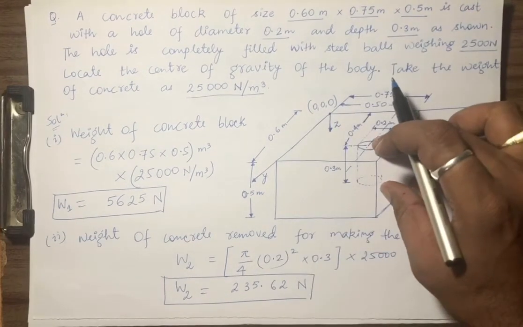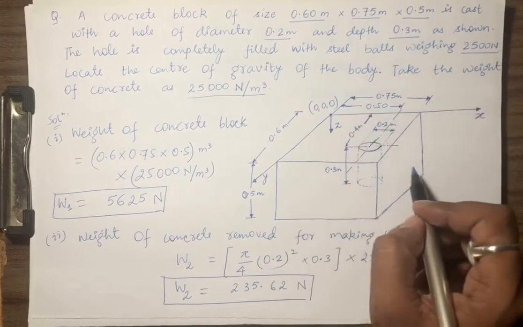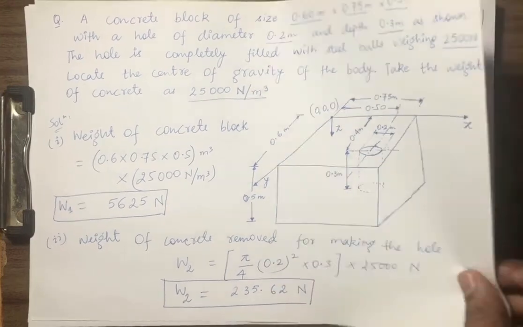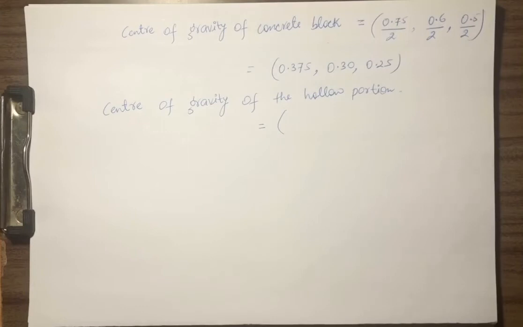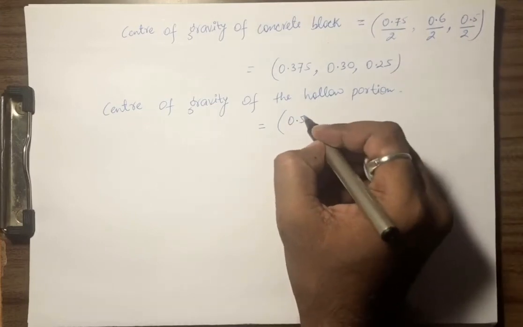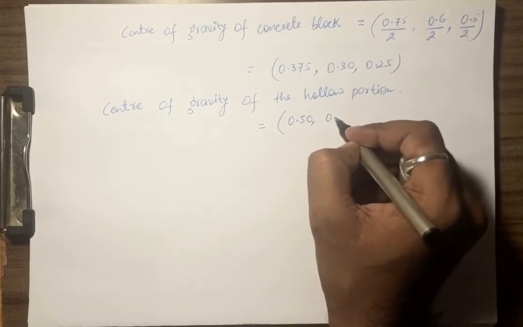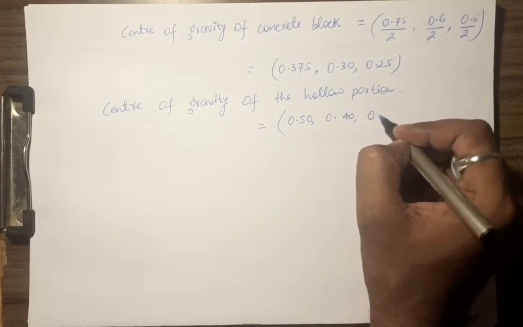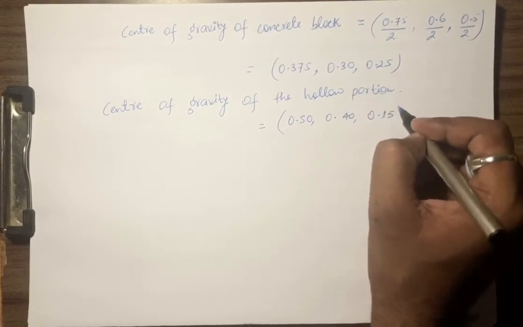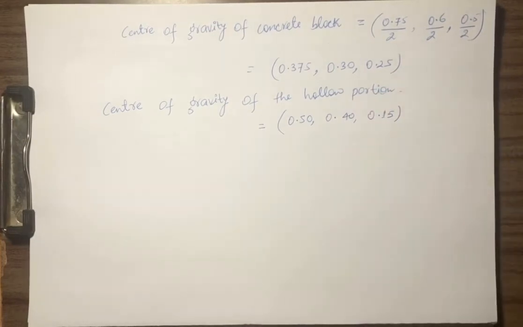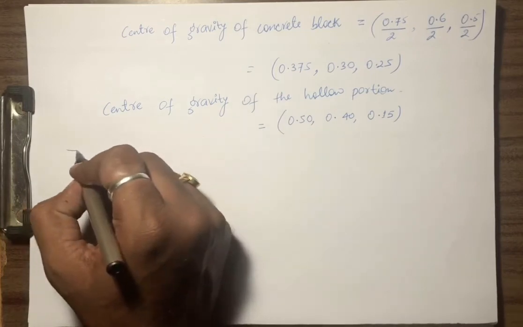The total depth is 0.3, so the center will be at half, so 0.15. So this is 0.5, 0.4 and 0.15. Okay, so this we have done for the concrete block and the hollow portion.